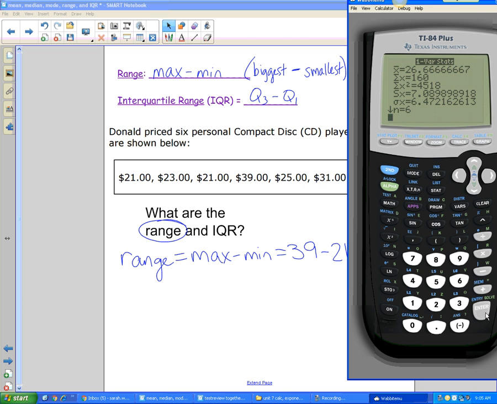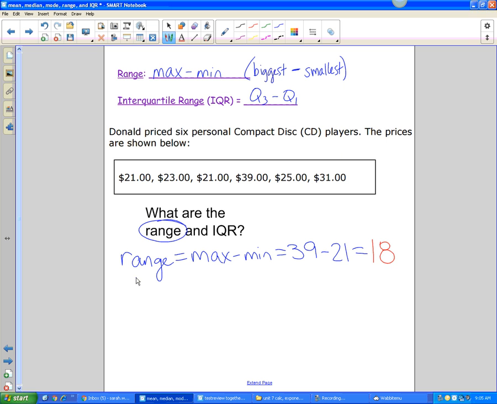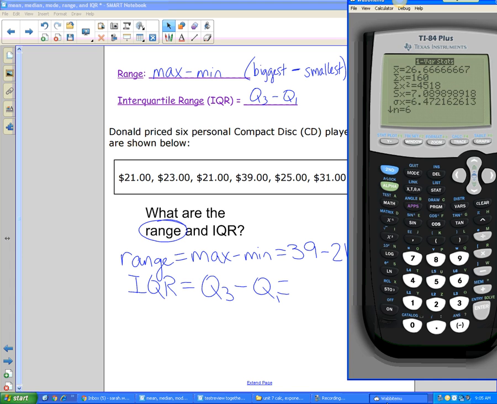Okay, this IQR stands for interquartile range. What did I say that was? What did I say the IQR was? Q3 minus Q1. Okay. All right, so on your calculator, if you scroll down, it gives you Q3. That's the third quartile. I'll talk about what that really means tomorrow, but for now, just know how to get the numbers. So it's 31.